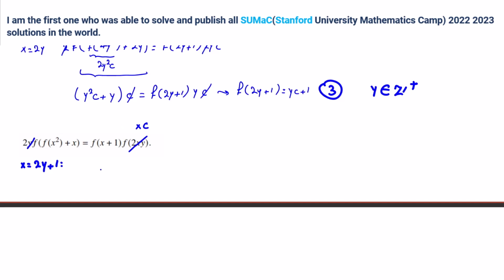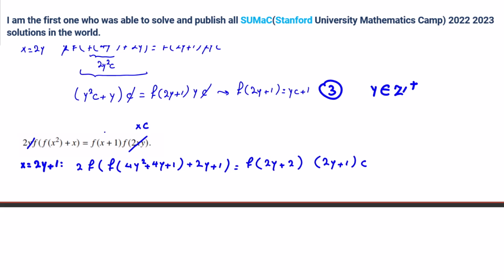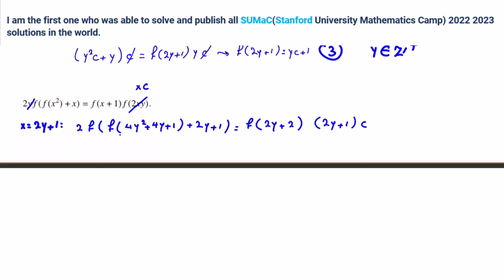Now we can say 2f of x squared, which is 4y squared plus 4y plus 1, plus 2y plus 1, is equal to f of 2y plus 2 times 2y plus 1 times c, right? Agreed. So f of this one is 2y squared c plus 2yc plus 1.